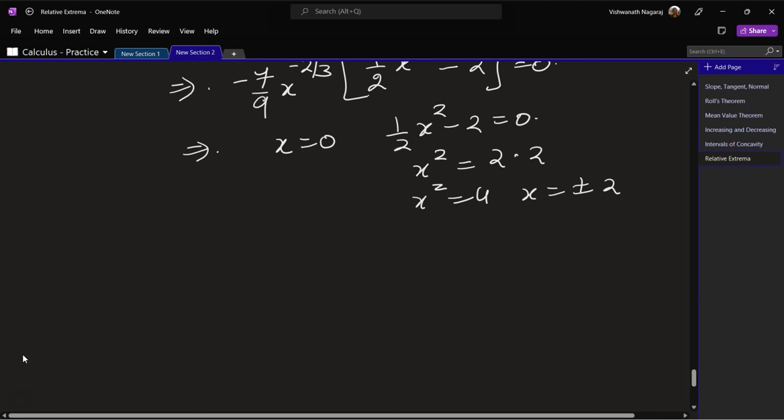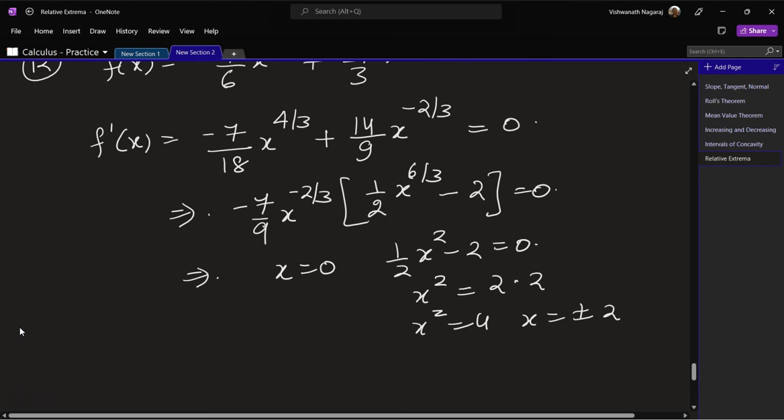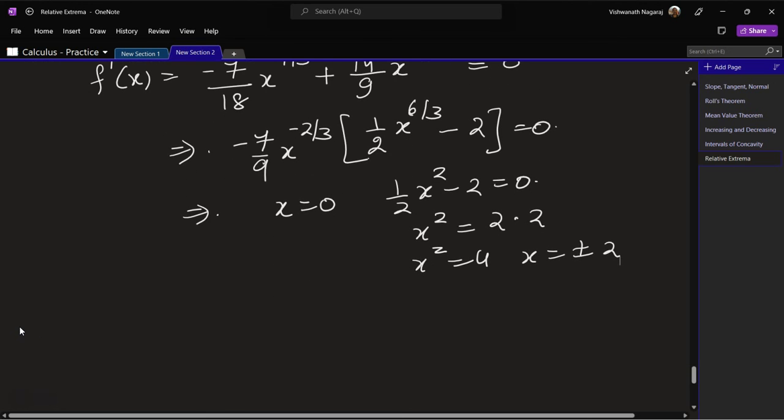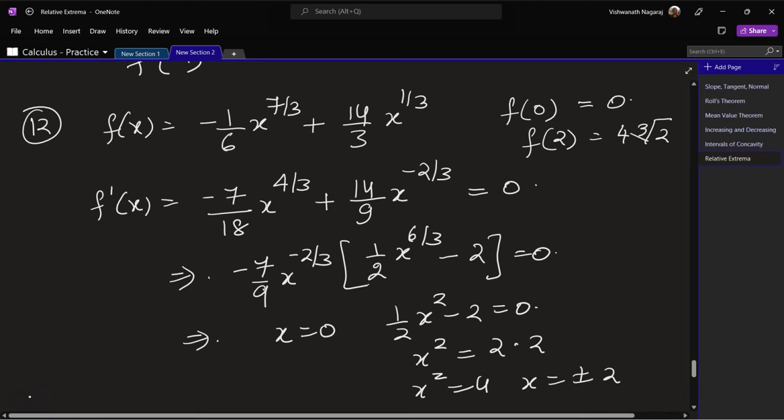Okay, let's see. We have arrived at the points of interest. So those are x equal to 0, x equal to plus or minus 2. So f of 0 would be 0. F of 2 is going to be 4 cube root of 2.